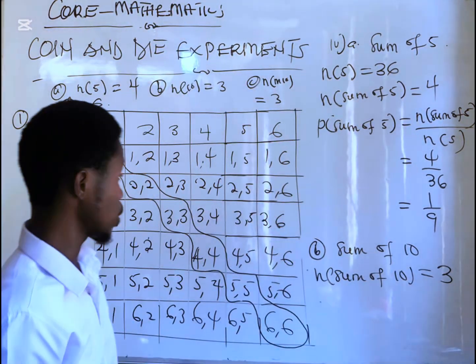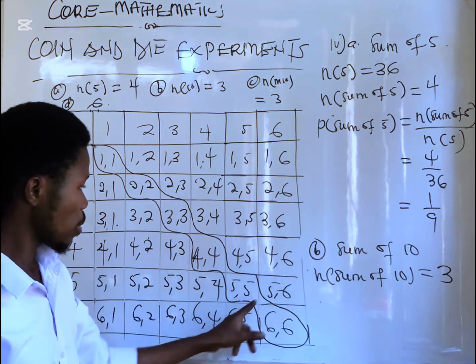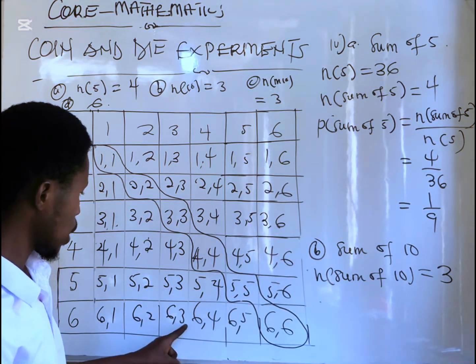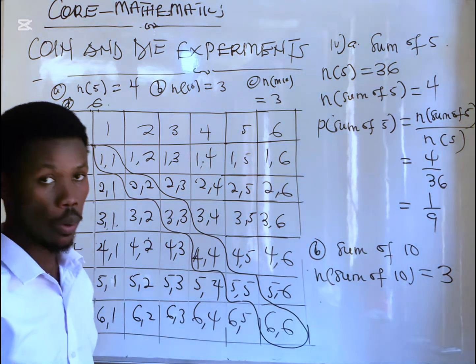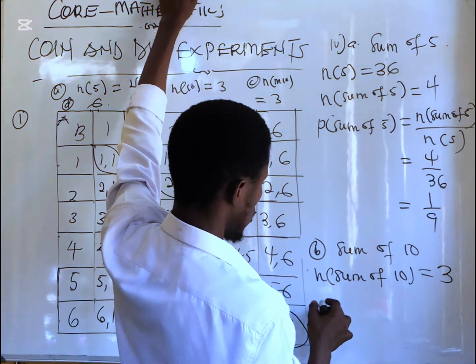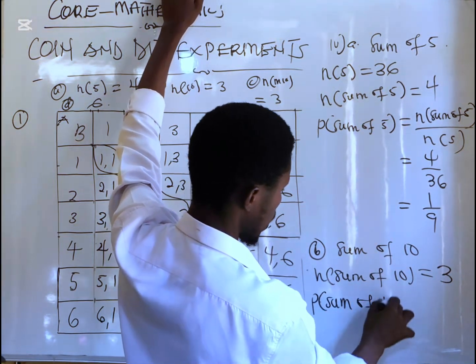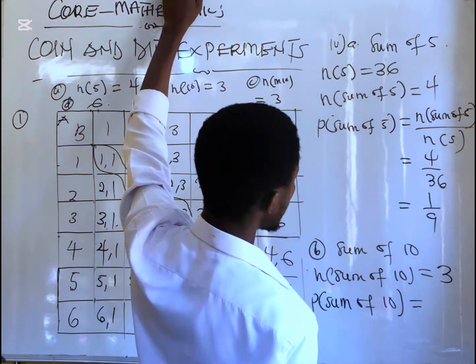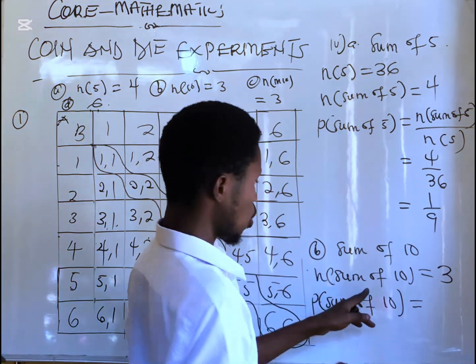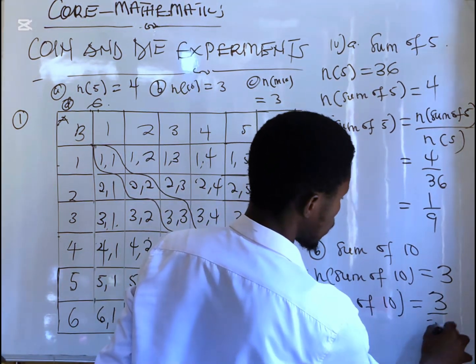You have 3. You can still check there. Those that when you add, you get 10. So 4 and 6, 5 and 5, then 6 and 4. That's the only numbers that when you add, you get 10. So meaning that if I want the probability of getting a sum of 10, it is going to be the number of events of getting a sum of 10, that is 3 over the sample space.